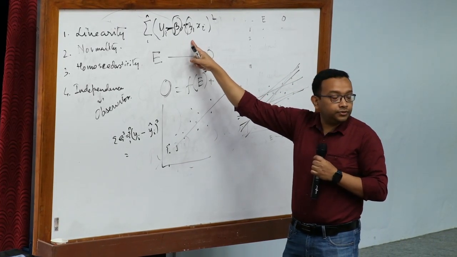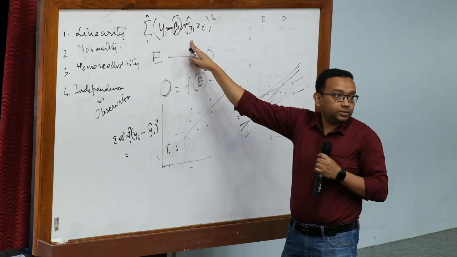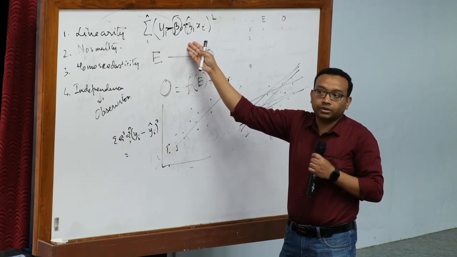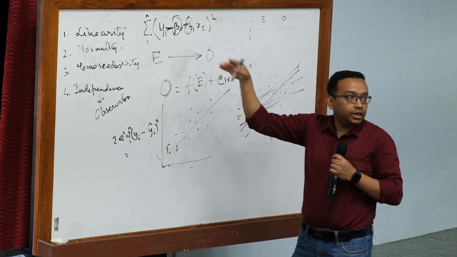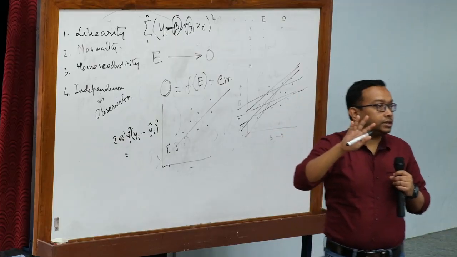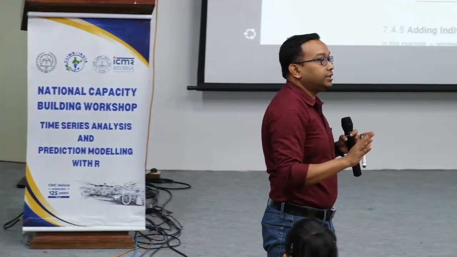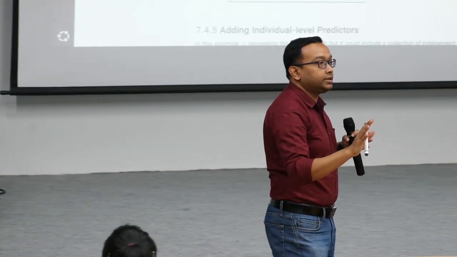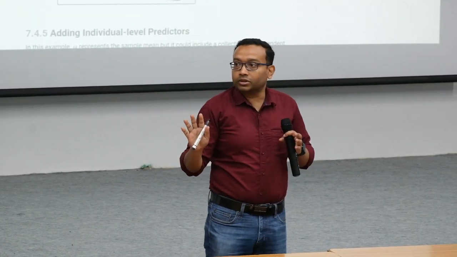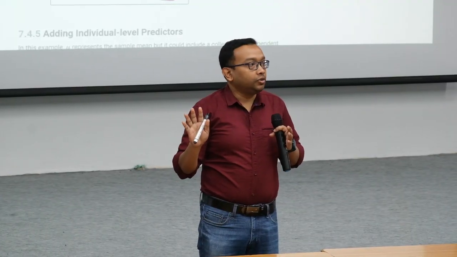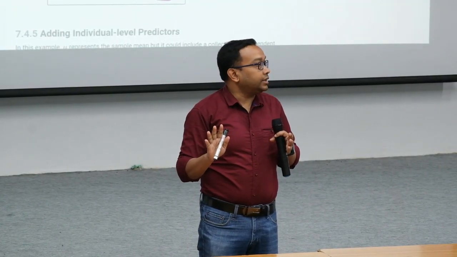I can do this differentiation by standard methods, right? You differentiate once by beta naught, once by beta 1 and you can get your estimates. Any issues with that? You can differentiate this, standard algebra, standard calculus. Any doubts about that? You will get a beta naught hat and a beta 1 hat, right?